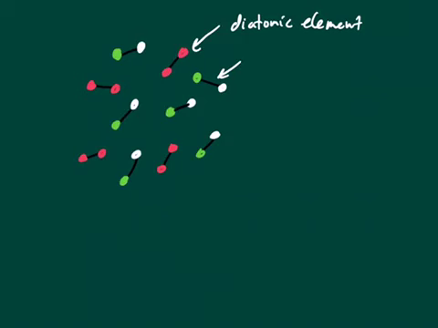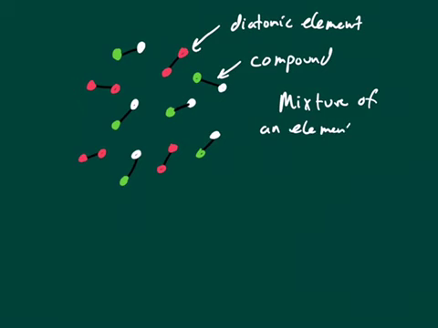Here, both atoms are different, so this would be a compound. So what we have here is a mixture of an element and a compound represented by these drawings.